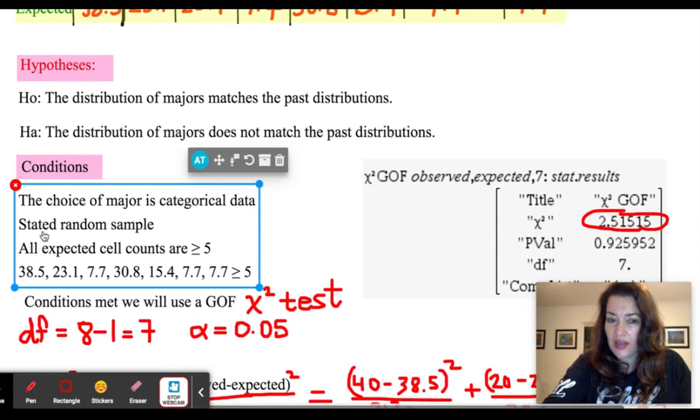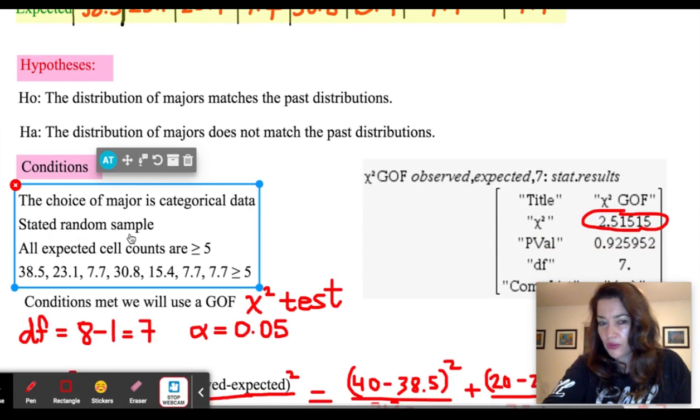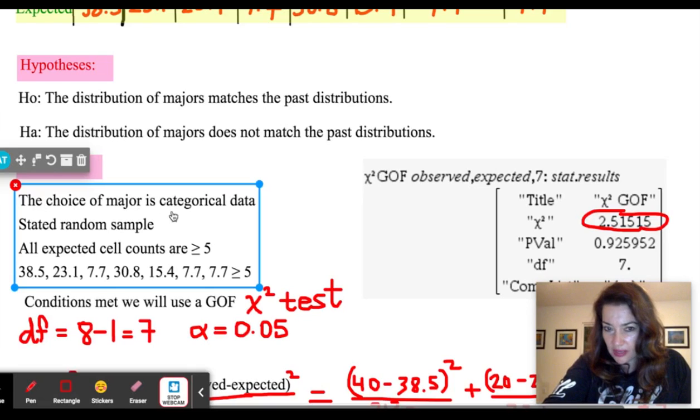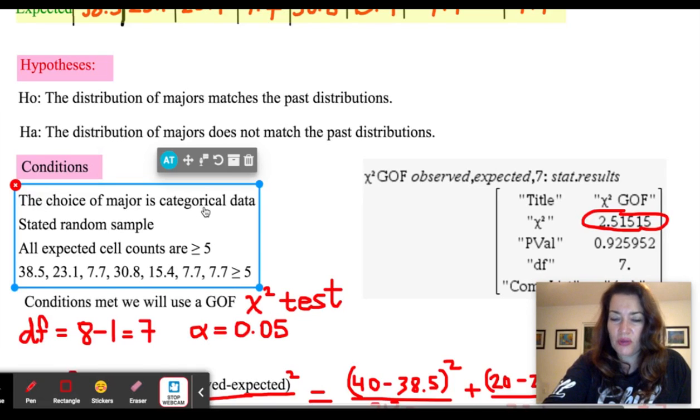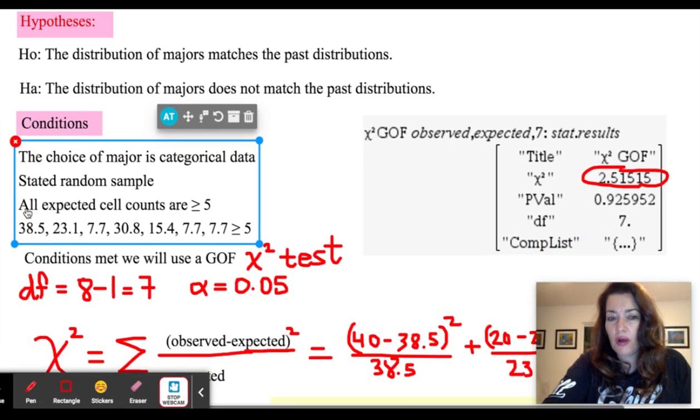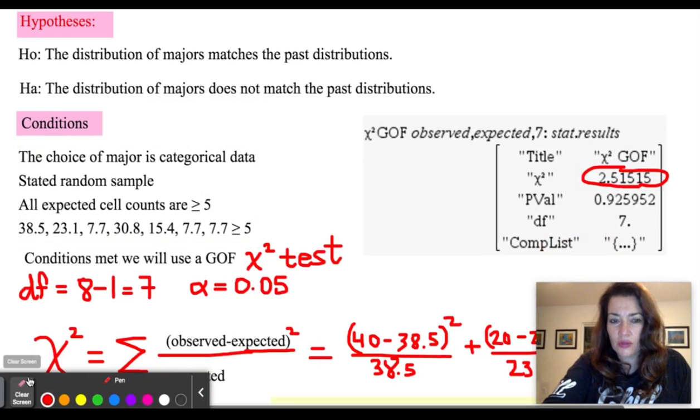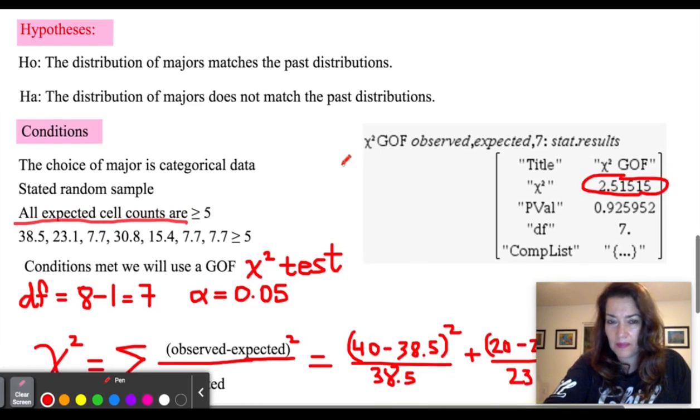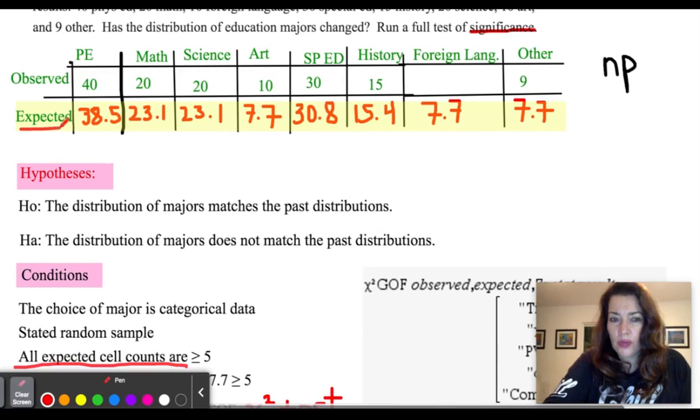The conditions are similar to our other conditions. We still have to have a stated random sample or some type of random sample. It is categorical data we're looking at, as I've mentioned before. Now this is new. All expected cell counts have to be greater than or equal to 5. What does that mean? Well, if you look at the expected row, every number in each cell is greater than 5. So for example, 38.5 is greater than 5, and so on.